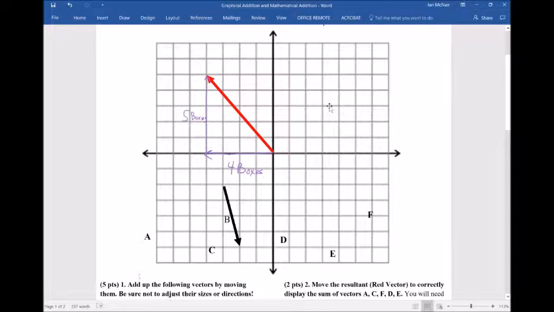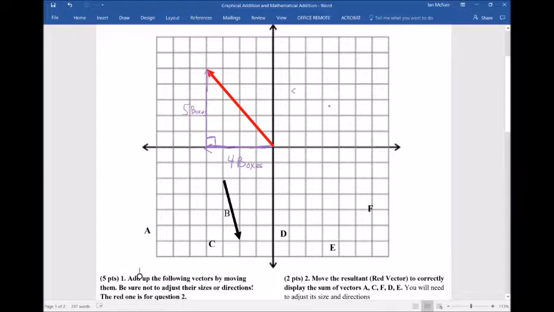So now we have this horizontal one, which I'm going to color in a little bit better, and this vertical one. And if you notice, of course, this makes a right triangle. So we're just going to use the Pythagorean theorem. We have 5 squared plus 4 squared, and we're going to take the square root of that. So we have 25 plus 16, which is 41.